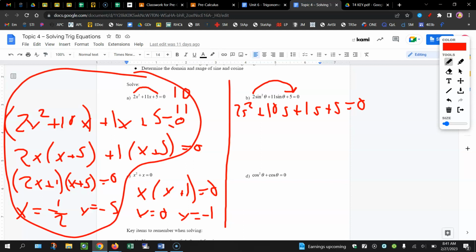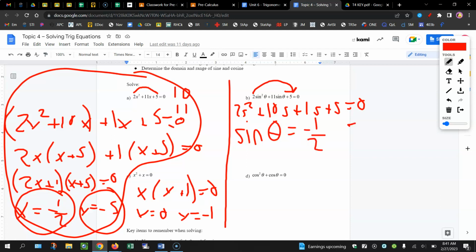I'm going to start by taking x equals -1/2 and x equals -5. So what we would have here is sine theta equals -1/2 and sine theta equals -5.